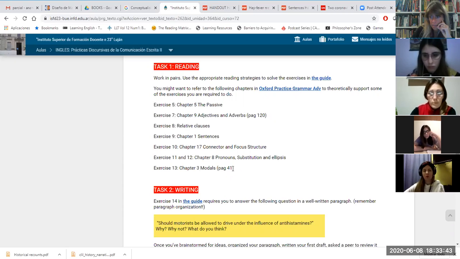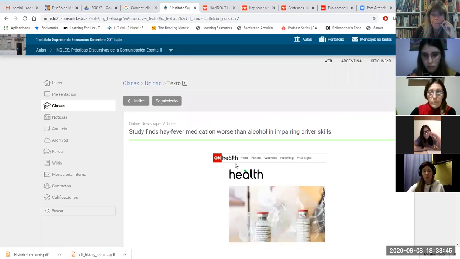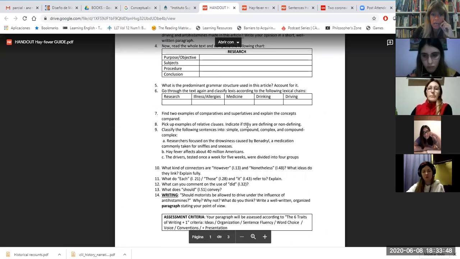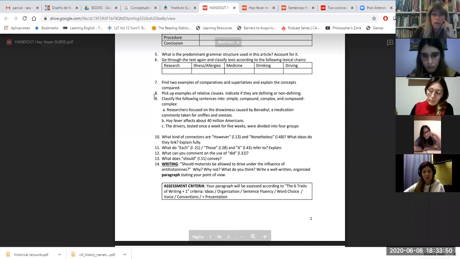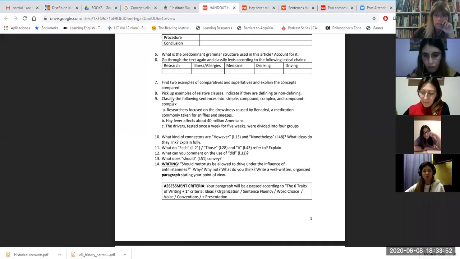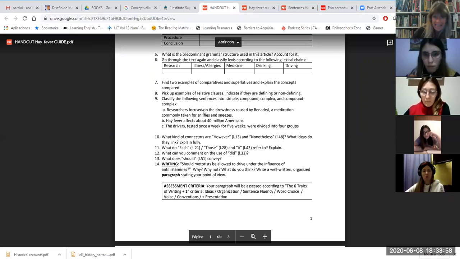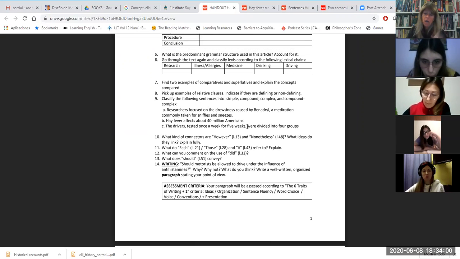Okay? Because, for example, in exercise 9, the question is, classify the following sentences into simple, compound, complex, and compound complex. And these sentences are taken from the text.